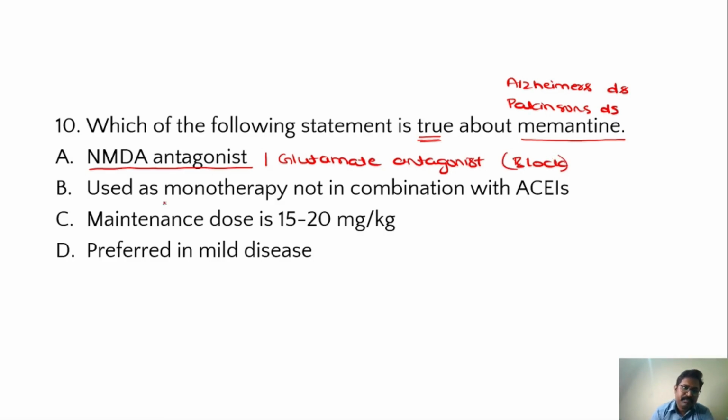It can be used both in combination with anticholinesterases as well as a standalone drug. So the option that they are used as monotherapy but not in combination is a wrong statement.